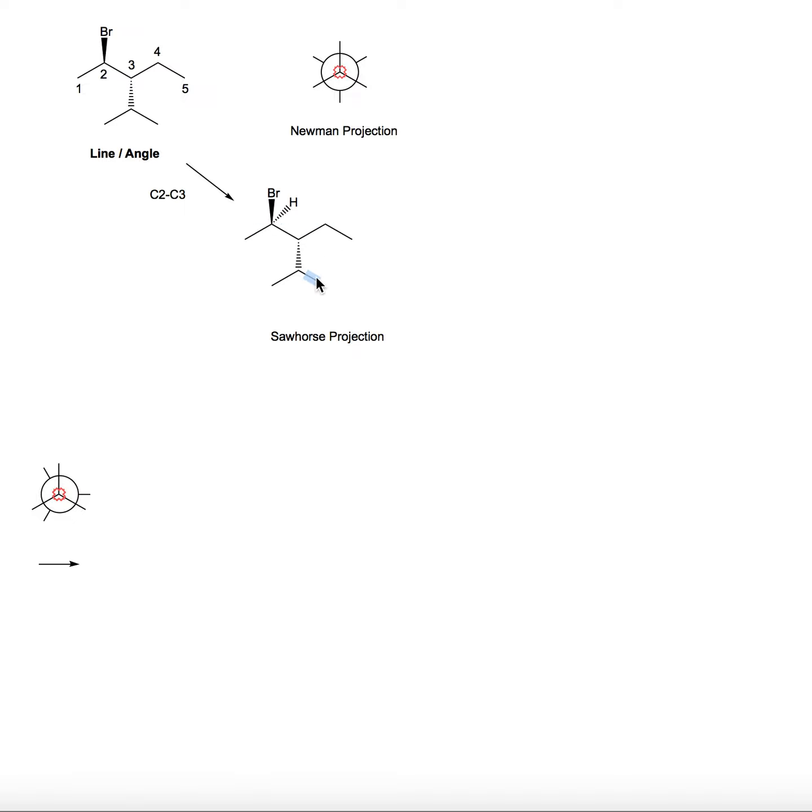Wedge bonds are coming toward you. Dash bonds are going away from the screen. So this is a hydrogen for carbon 2, and then in carbon 3 we have this group going away from us. Therefore, there is also one hydrogen here, and because carbon must have 4 bonds, that hydrogen will be coming toward us.